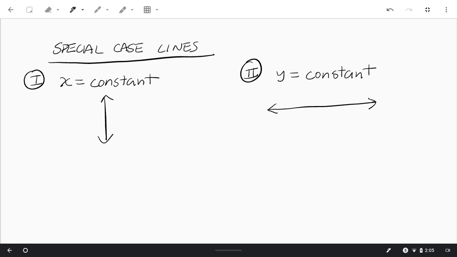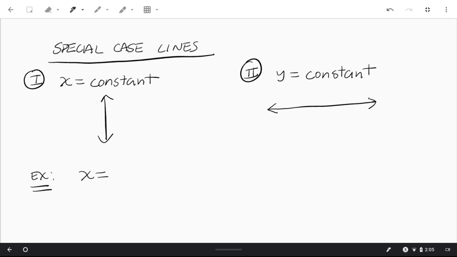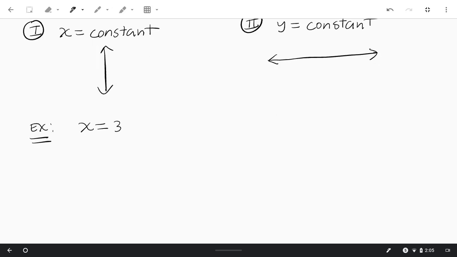So for example, if you have the equation x equals 3, then all of your x's are going to be 3. All of the points are going to be like (3, 1), (3, 2), (3, 0), (3, -2).